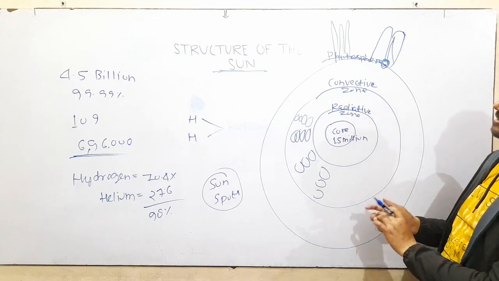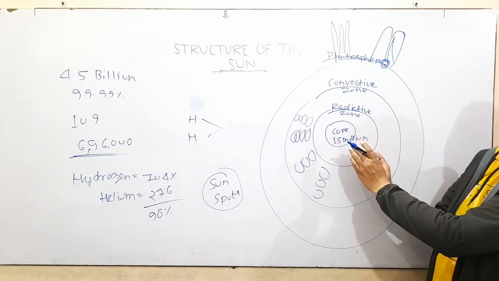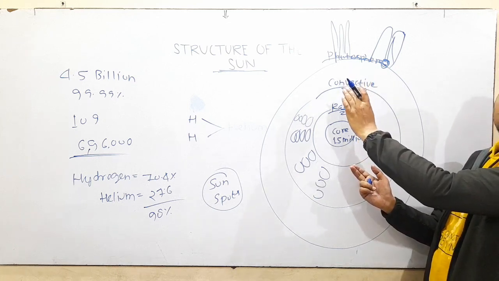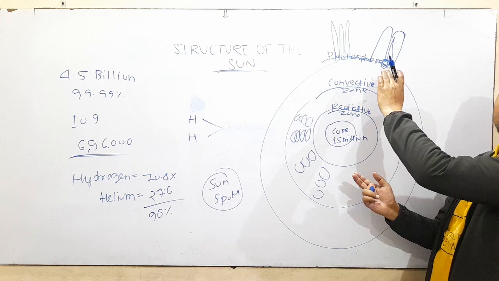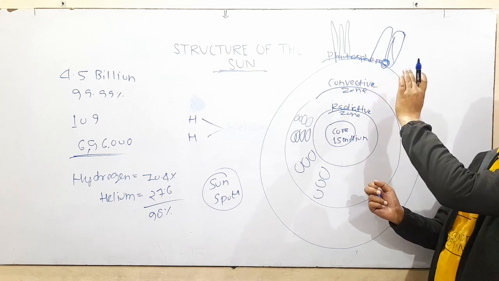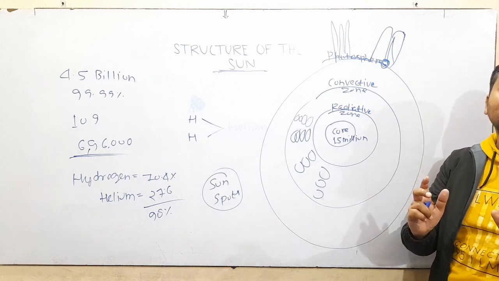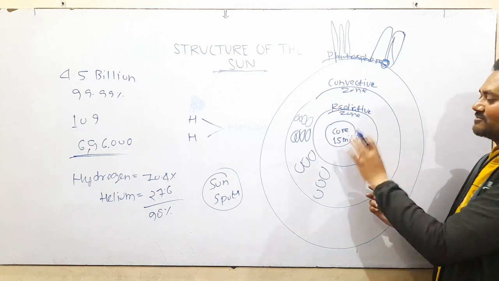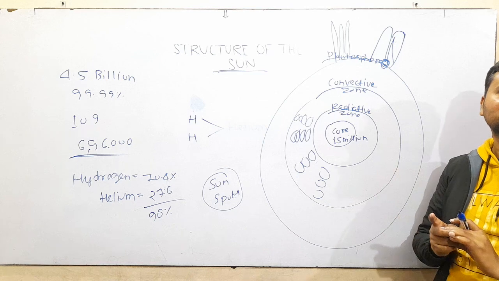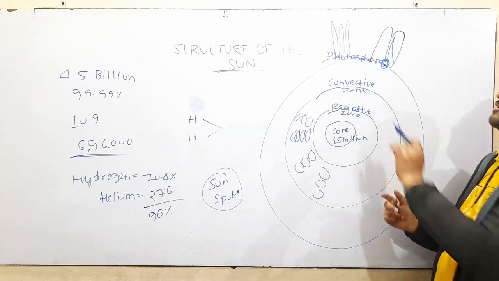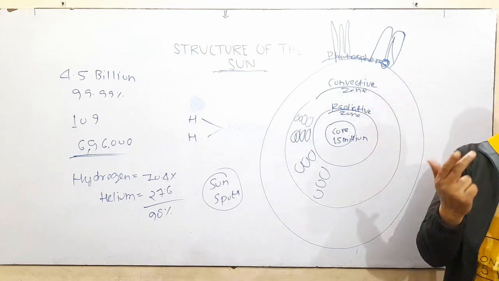When you compare the temperature from 15 million or from the 6000, this 1500 degrees Celsius temperature will be very cooler, because our reference point is very high. And because of this temperature, we also call them the cooler places.